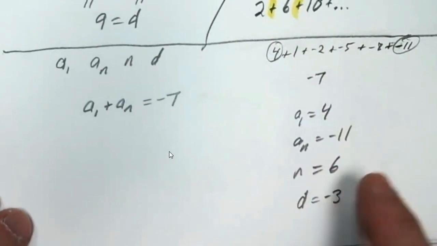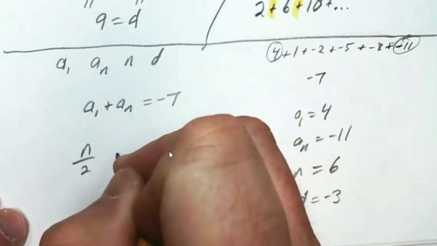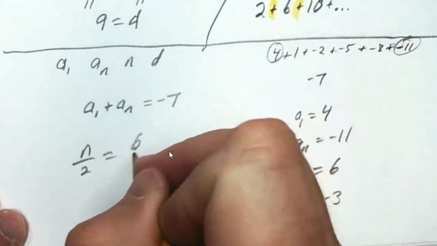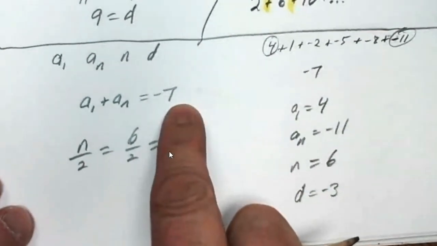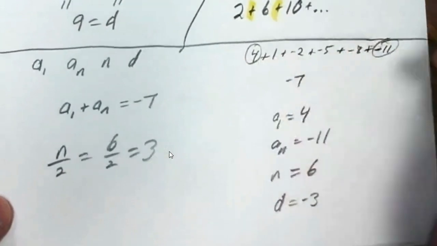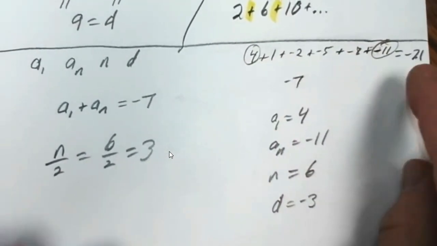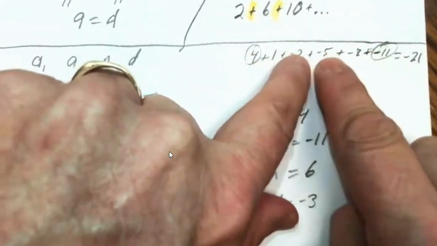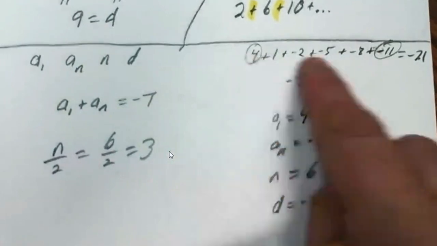But if we want just the number 3, we can do n divided by 2. That's 6 divided by 2 equals 3. And if we multiply 3 times -7, that's the total. This adds up to -21, because it added up to -7 plus -7 plus -7. You can put that in a calculator if you want to verify that.